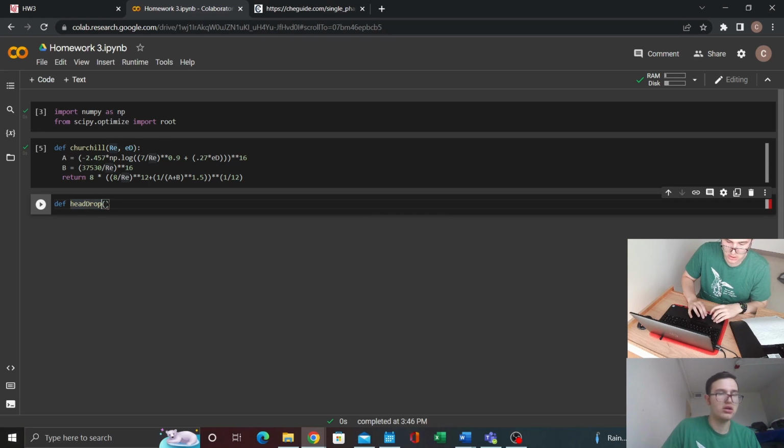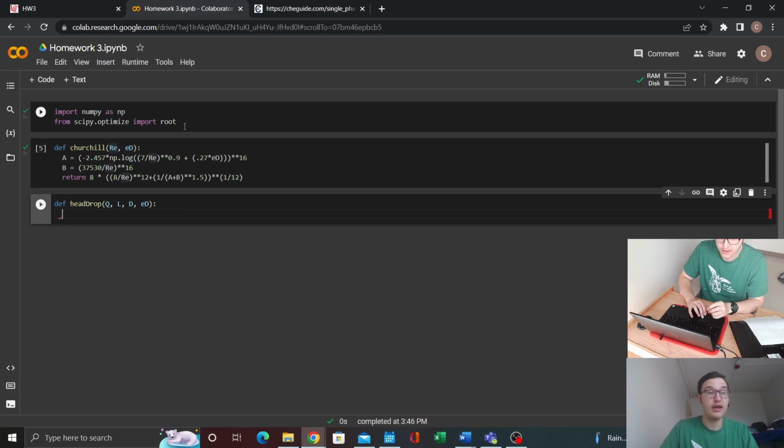Going to need a given Q, our given flow, L, a length, which we're just going to be using for delta X, the change of position. The diameter of the pipe, and we want our roughness as well because we're going to be using the Churchill equation. So, ED.